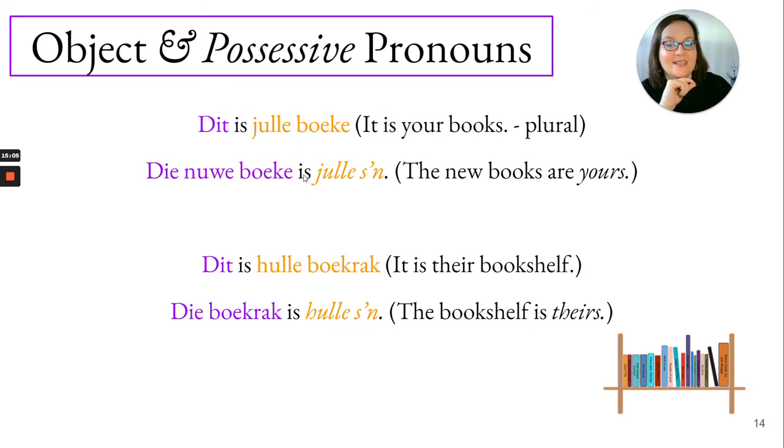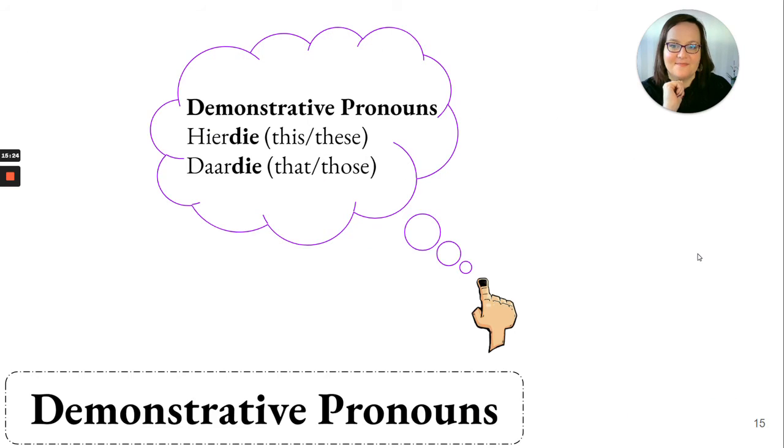Die nuwe boeke is julle sin. You can see that dit is the subject pronoun, julle the object pronoun, julle sin the possessive pronoun. Good. Dit is hulle boekrak. Die boekrak is hulle sin. Hulle sin. Theirs.